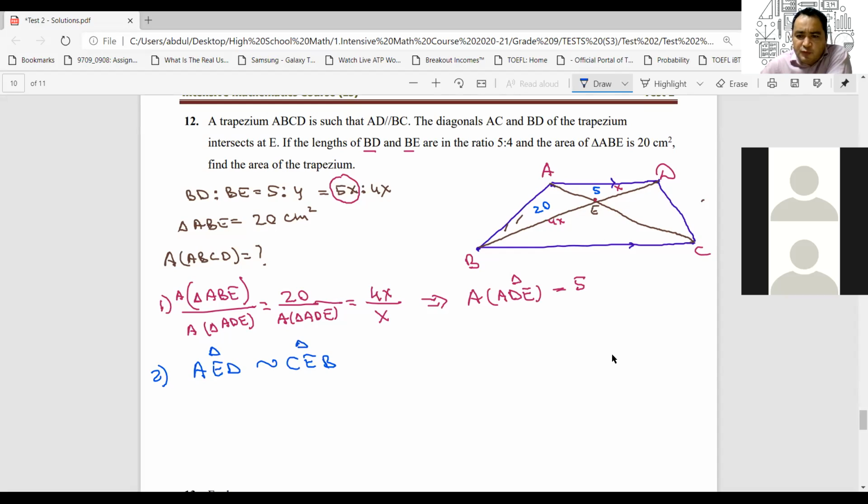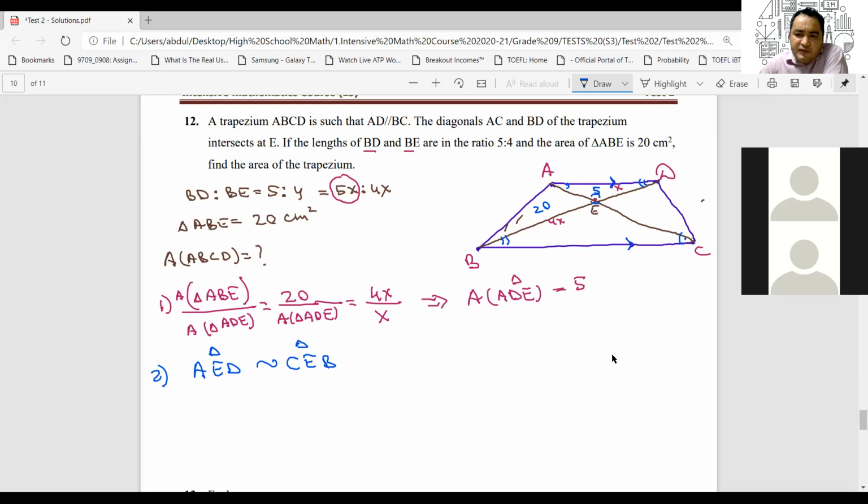Yes, because these are vertical angles, and since this side is parallel to this side, this angle should be equal to this angle. At the same time, this angle should be equal to this angle. That means triangle AED is similar to triangle CEB, right?